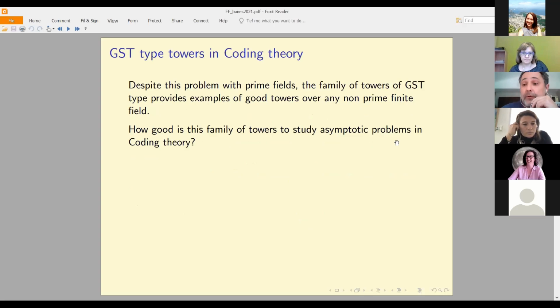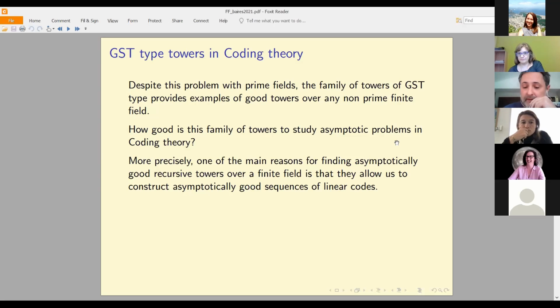And you ask, well, if you have a good tower for almost any finite field, how about the application of this tower to coding theory? Well, one of the main applications of these towers in coding theory is the asymptotically good family of linear codes over a finite field.